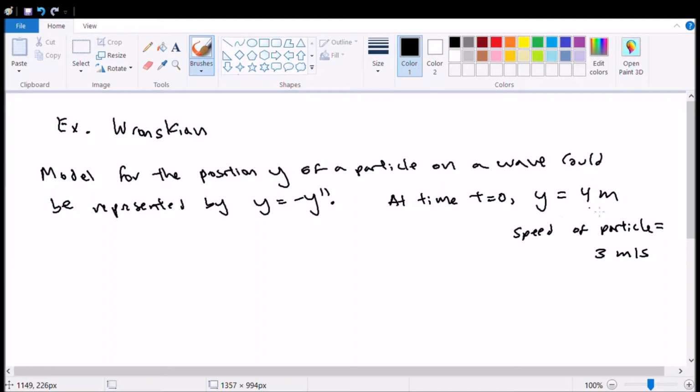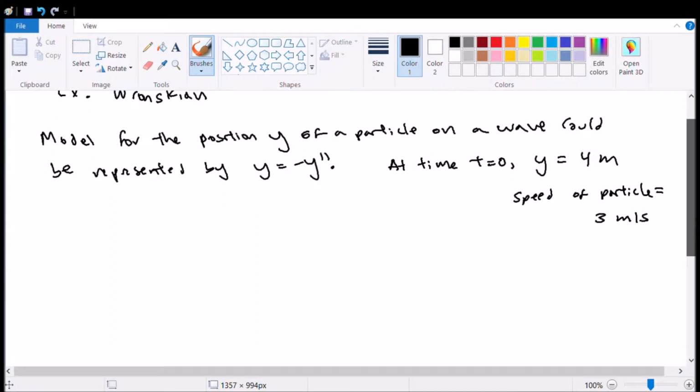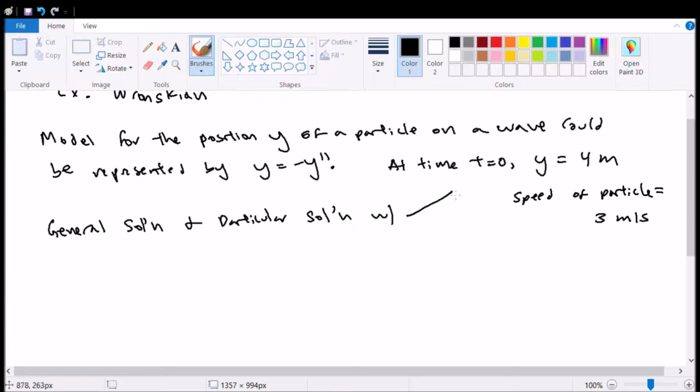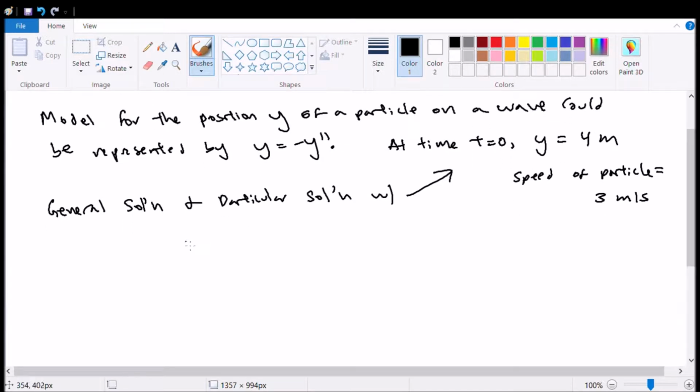So there you have the two initial conditions, and you need those two to solve for the C1 and C2 in your particular solution. This problem is asking you to find both the general solution and the particular solution. In order to find the particular solution, you have to solve for C1 and C2 in the general solution given those two initial conditions.